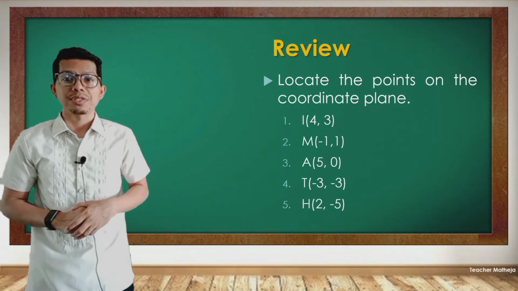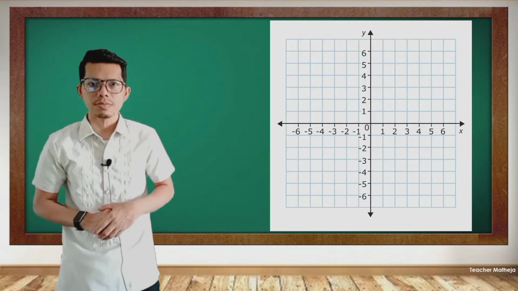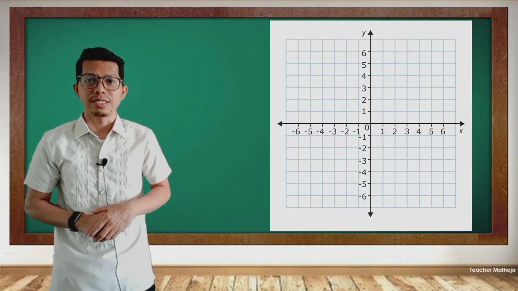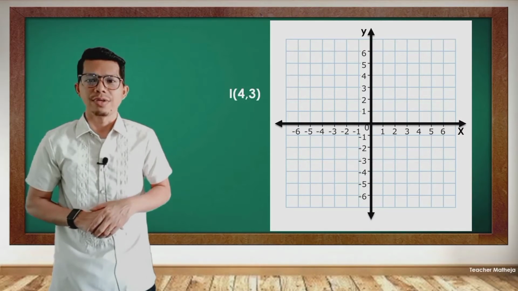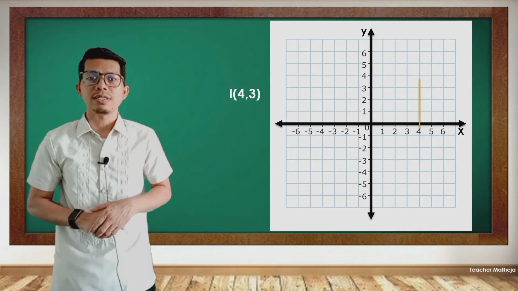Let us have first a review on how to locate points on the coordinate plane. So, let us locate the points on the coordinate plane. What does this mean? This means that the value of x is 4 and the value of y is 3.